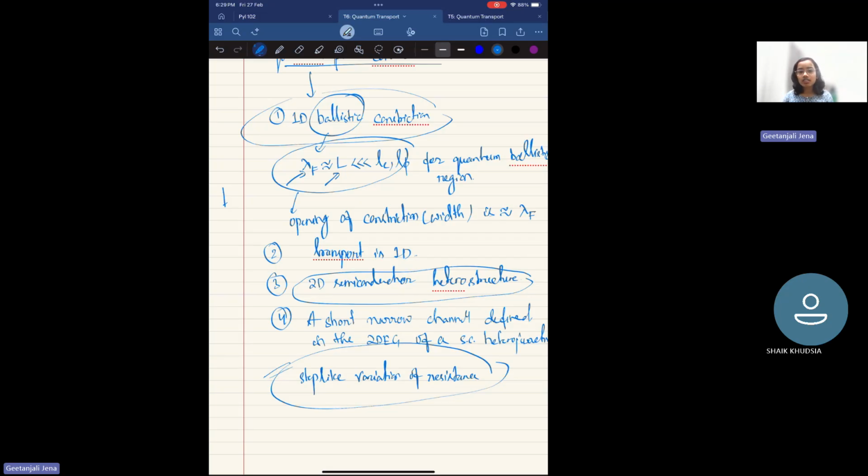If it returns, there will be a lowering of conductance and an increase in resistance. This is because of the coherent backscattering. But when we consider the ballistic regime, this is the transport regime where we can suppress the scattering, because the mean free path is much larger than the Fermi wavelength or the device length.